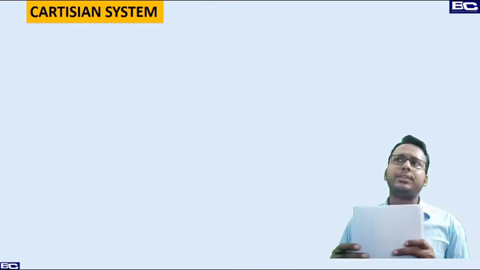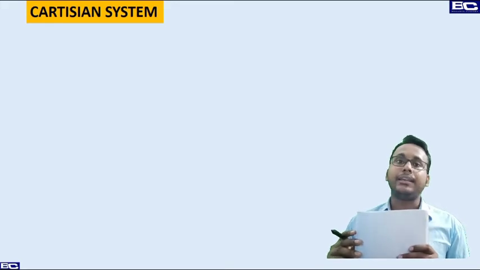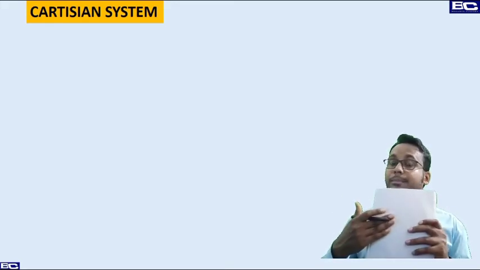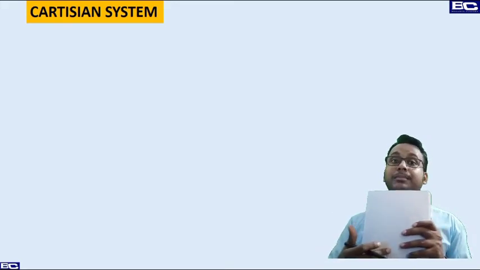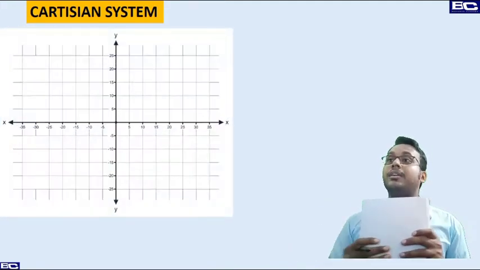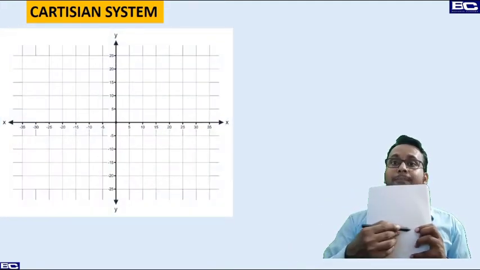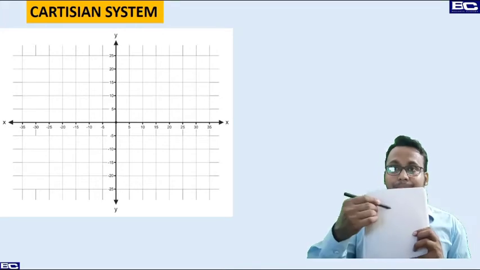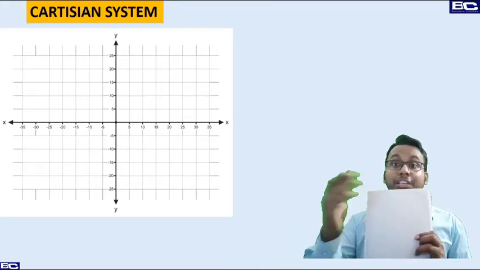So what is the difference between a Cartesian plane and a normal plane? This is a normal plane that you have, and it will become a Cartesian plane if you draw a horizontal number line and a vertical number line in an intersecting manner.